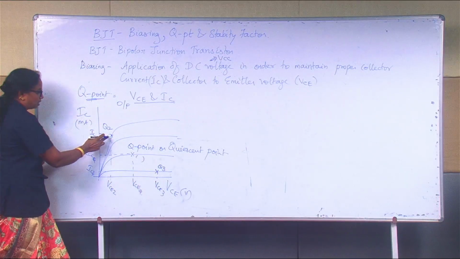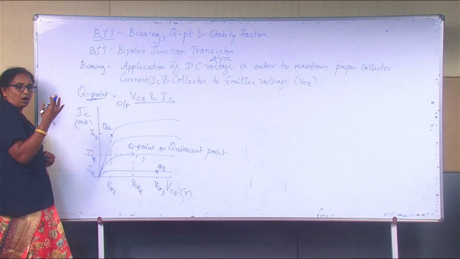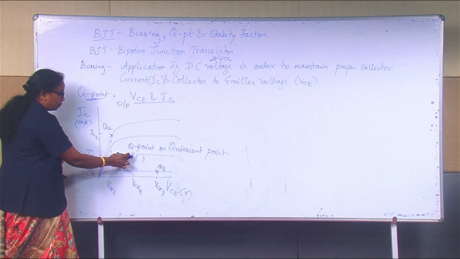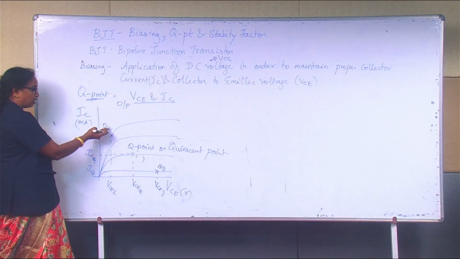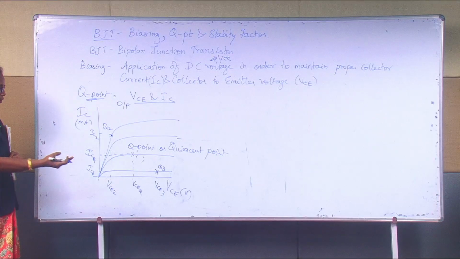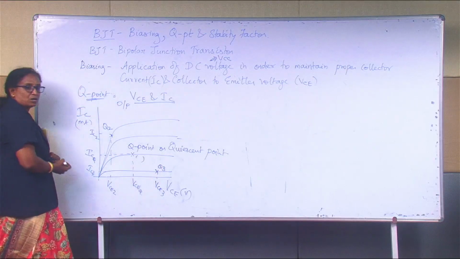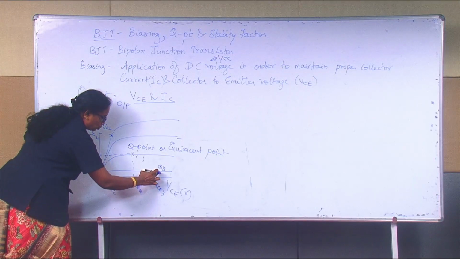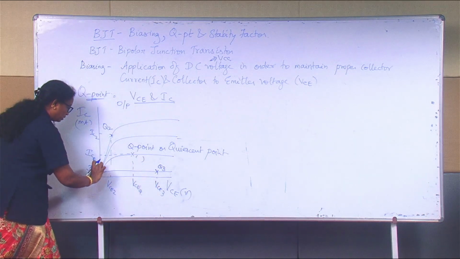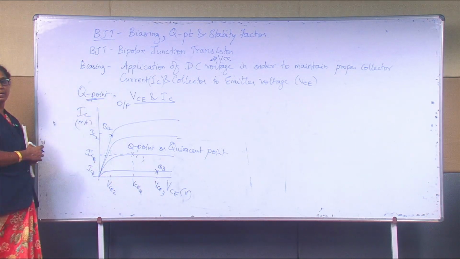So we have here denoted three possible quiescent points. One is exactly the middle, the other one somewhere on the top, the other one somewhere on the lower region. So if you take this Q3, the range of voltage is higher, but the collector current is minimum.